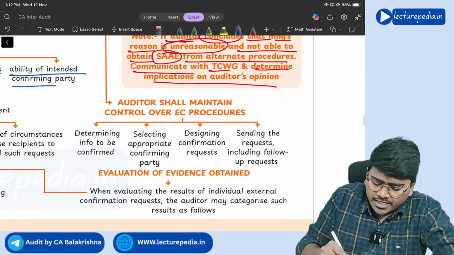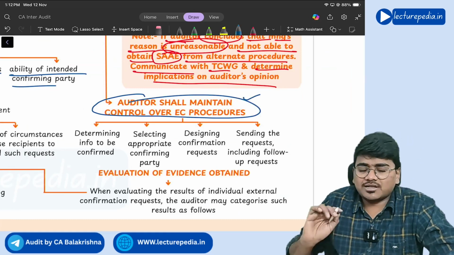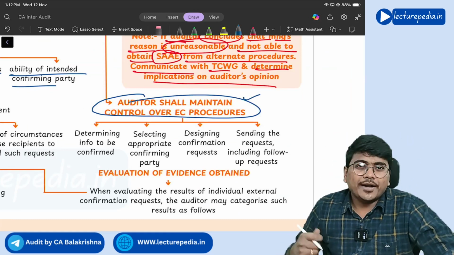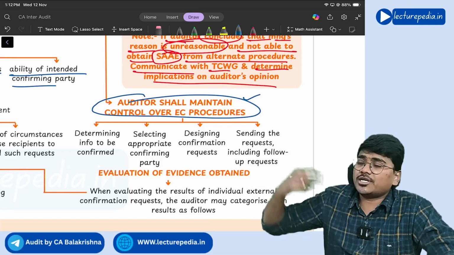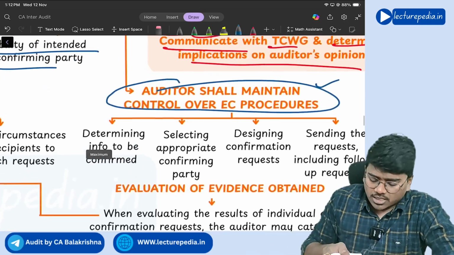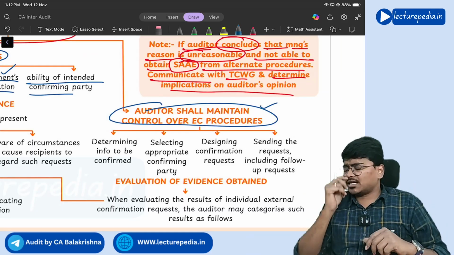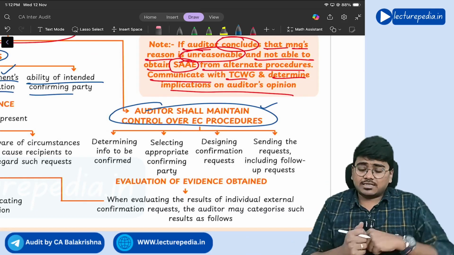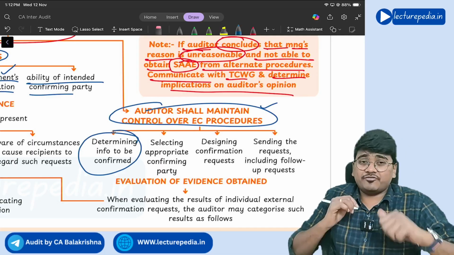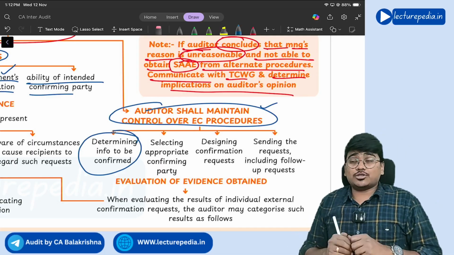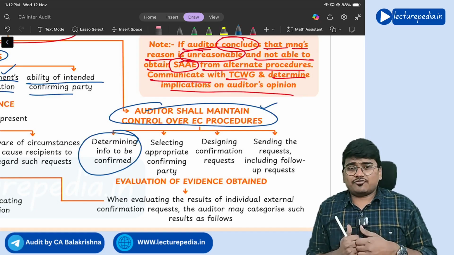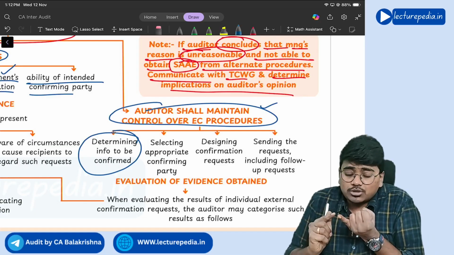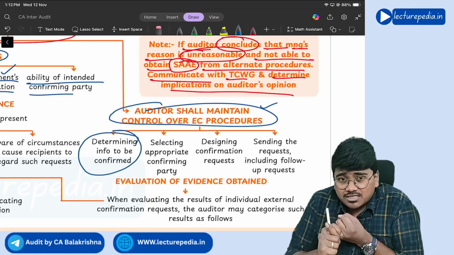Next, the auditor shall maintain control over external confirmation procedures. The auditor should not assign the task of external confirmation to some other person. In this procedure, there are certain tasks like determining the information to be confirmed. For which information do we send external confirmation? Should we ask about the amount, or about existence?